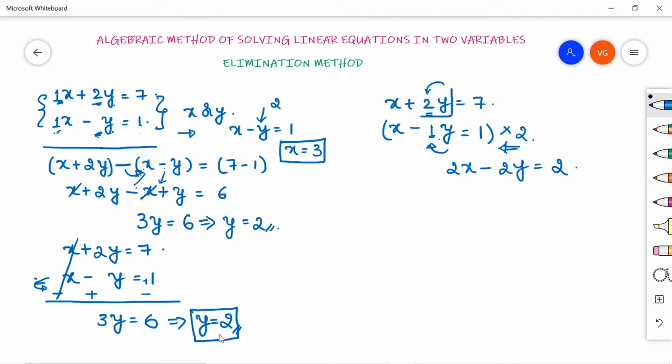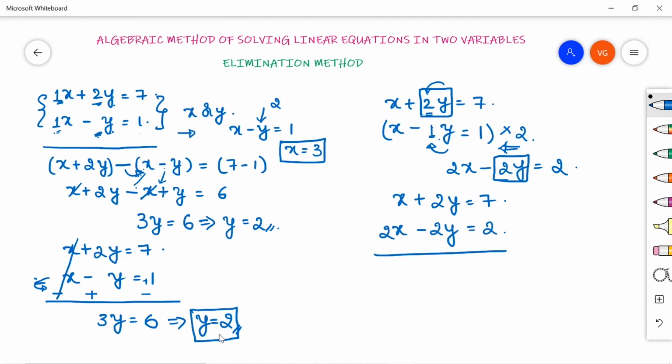Now if you see, this is 2y and this is also 2y. Both the equations are having the same term. Now you can add both the equations such that one of the variables is eliminated, right? So x plus 2y is equal to 7 and now 2x minus 2y is equal to 2. Now you can add both these equations such that these two will get cancelled.